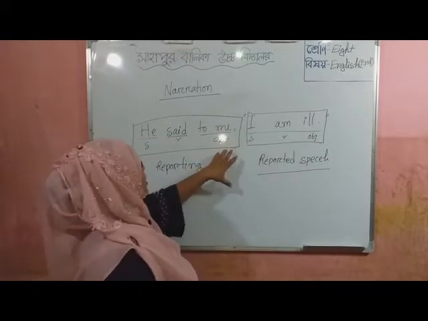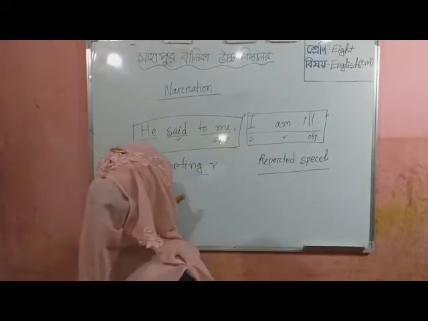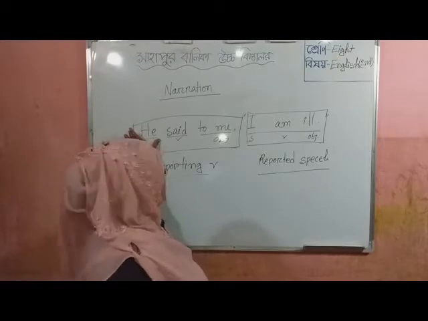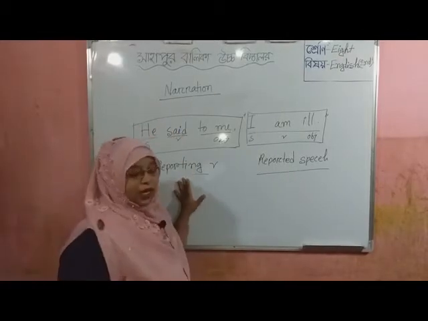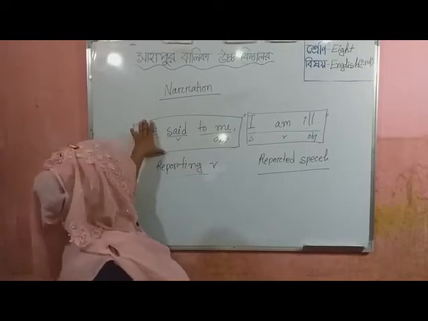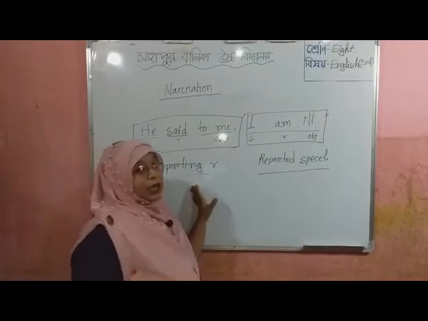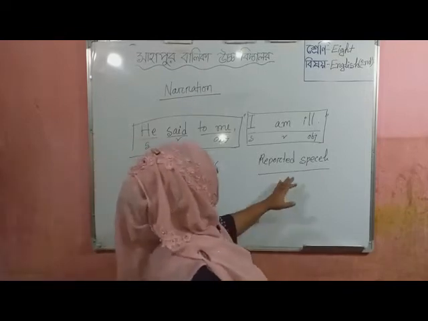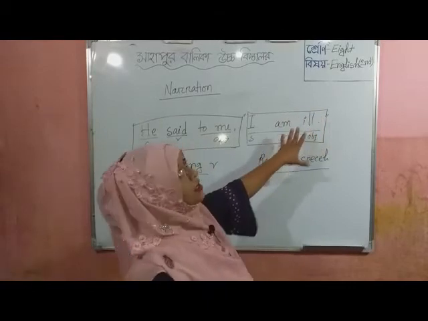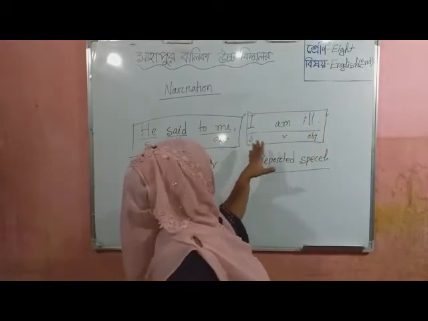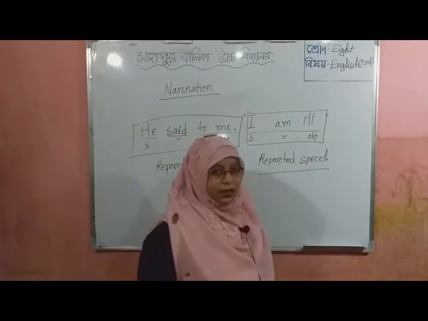It will be present or it will be absent. But the subject and the verb are essential for the reporting verb. In reported speech, it will be a complete sentence. There will be a subject, a verb and an object.